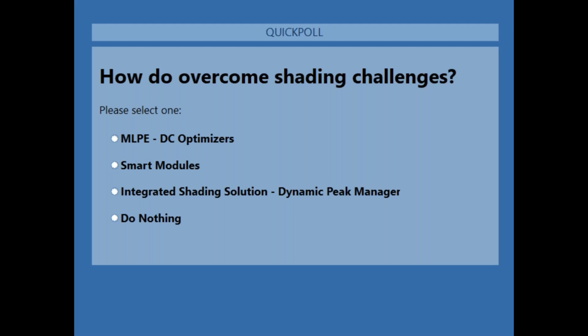The first one is module level optimizers, or what you call the DC optimizers. Then the use of smart modules, and you also have another option for something like the dynamic peak manager that is being used in the FRONIUS inverters. And you can also do nothing about it by using inverters that are not intelligent enough.